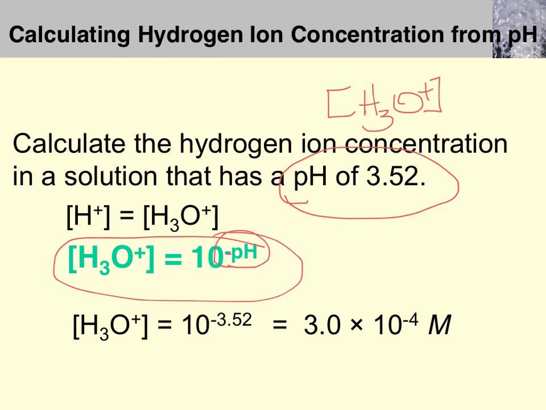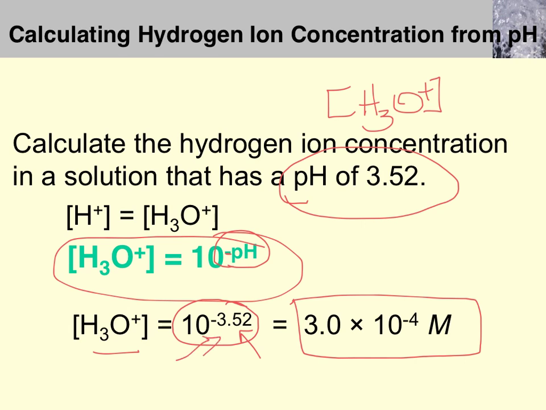Don't forget that minus sign. If you were to do that, you get the hydronium ion is 3 times 10 to the minus 4. Don't leave your answer in the form of a fractional pH value. You've got to enter this into your calculator and get it in scientific notation to get full credit for this type of problem.